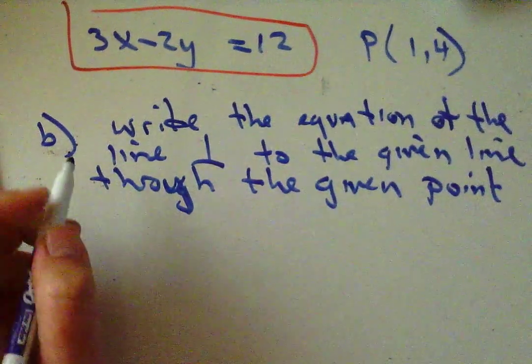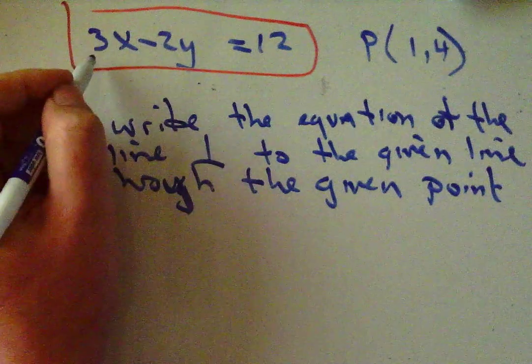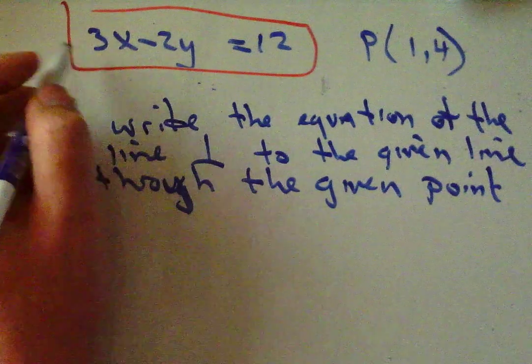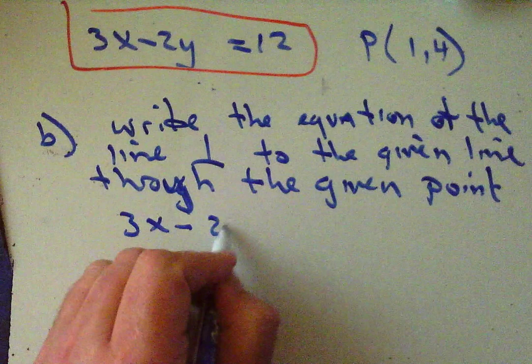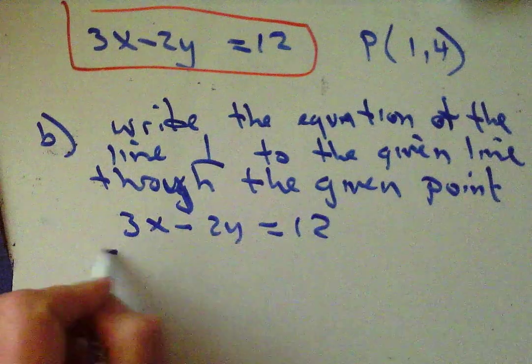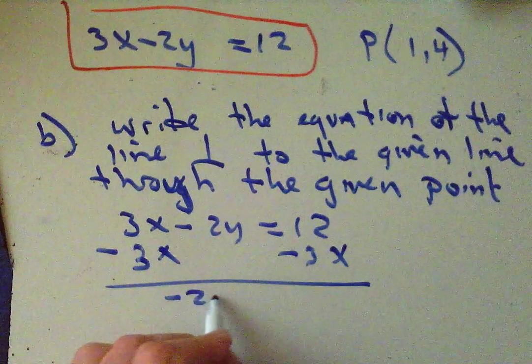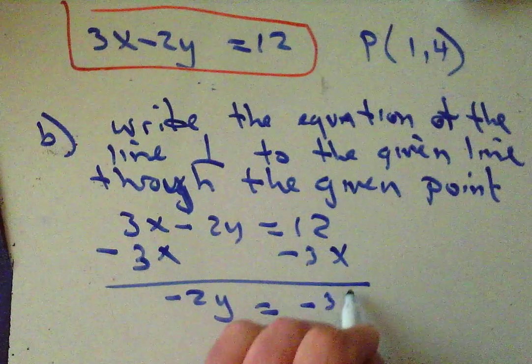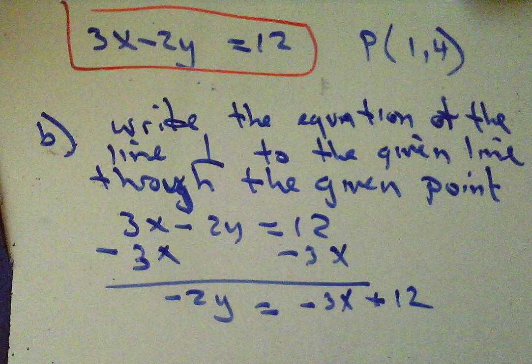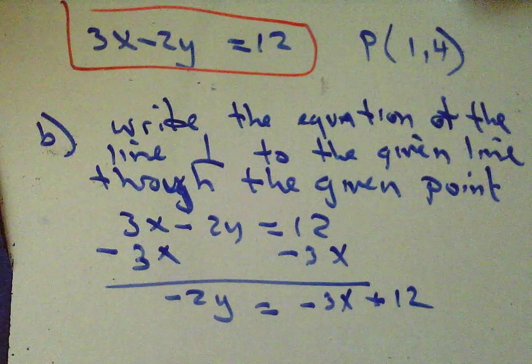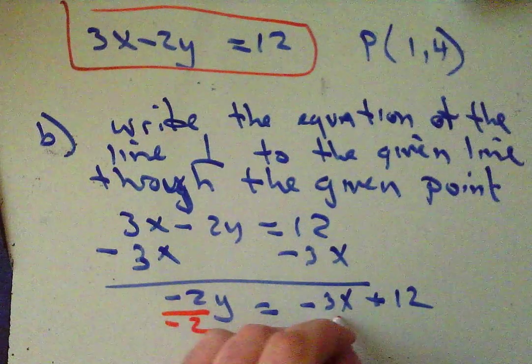Okay, so again, the first thing I need to do is get this in slope-intercept form so I can know what the slope is. 3x minus 2y equals 12, and this time I'll subtract 3x. So I've got negative 2y equals negative 3x plus 12. And then I'm going to divide everywhere by negative 2.